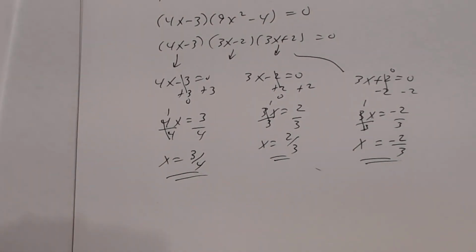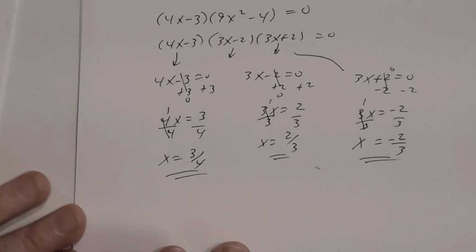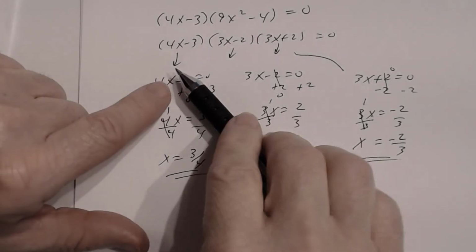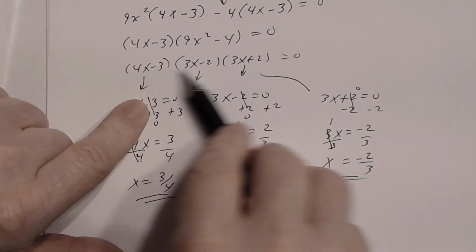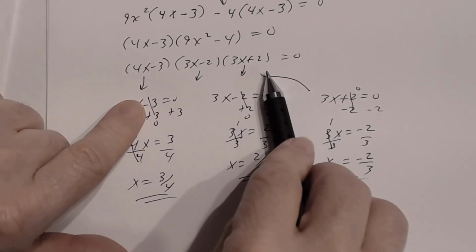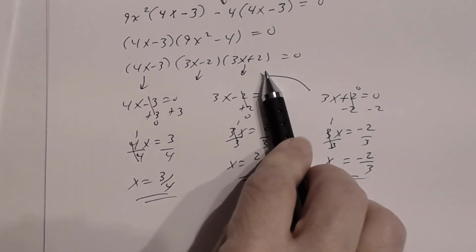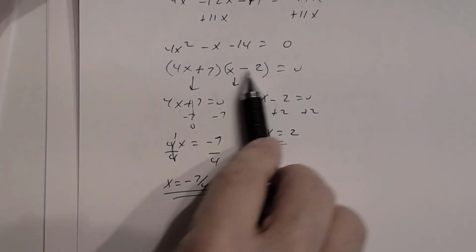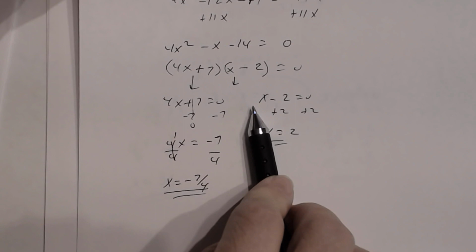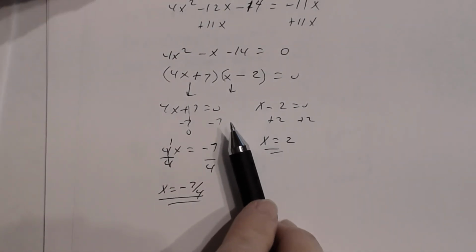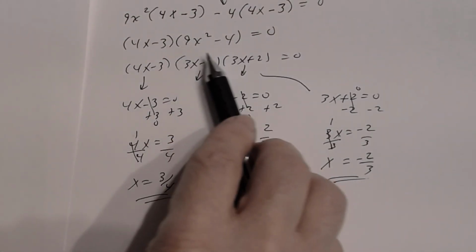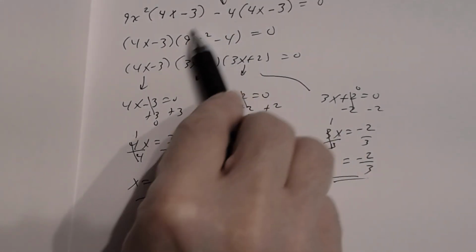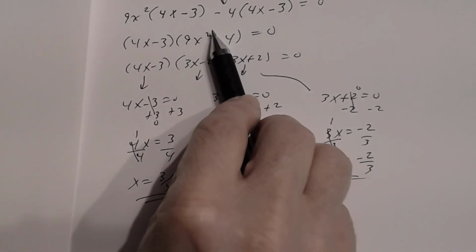Now, a couple of remarks I want to make before we go on. Notice if you go back over all these 8 problems, the factored part right here, all of these were linear. Go back, notice linear times linear. So you ended up with 2 linear equations. Now, whenever you get to this point, if this is not linear, then see if you can factor it further.